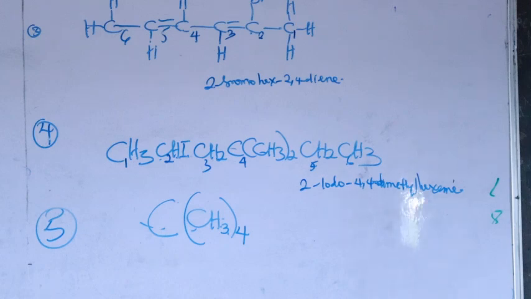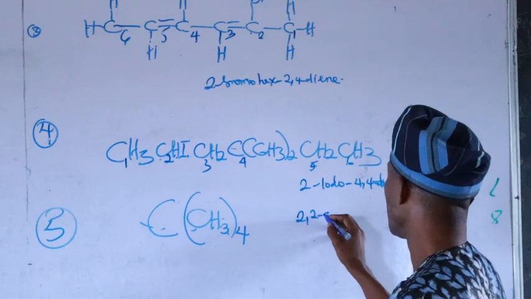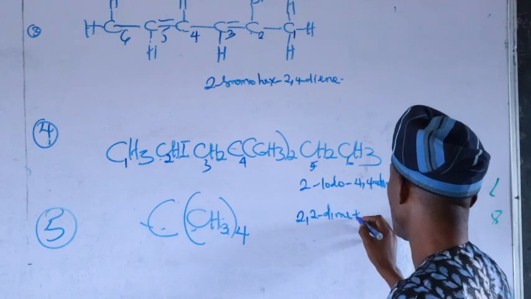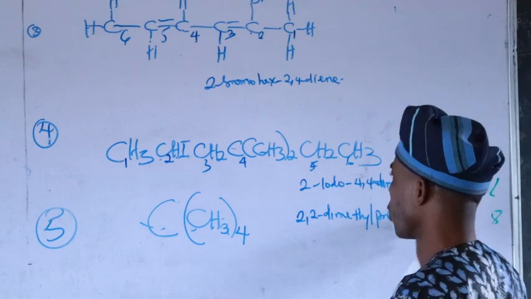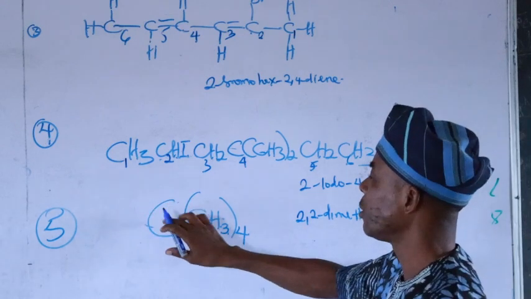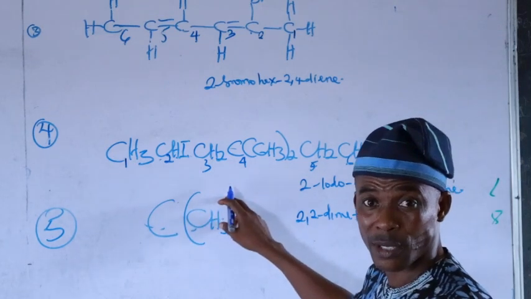The last one, what's the name? 2,2-dimethylpropane. You can see that this carbon has 4 methyl groups attached to it.